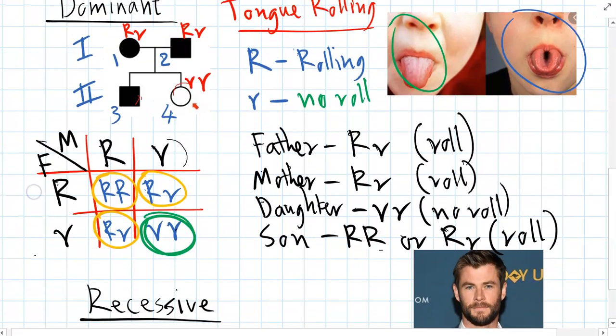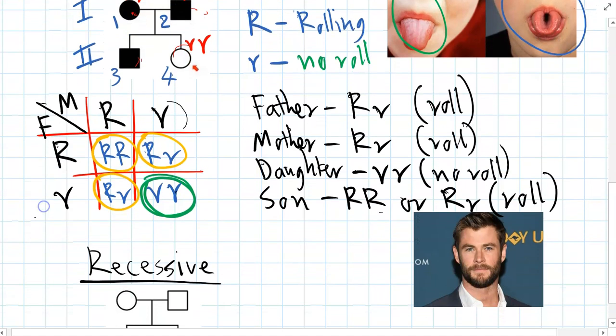So the one way to prove if a gene is dominant, if a trait is dominant, is if two parents have that trait and they have an unaffected child. So we can prove it.